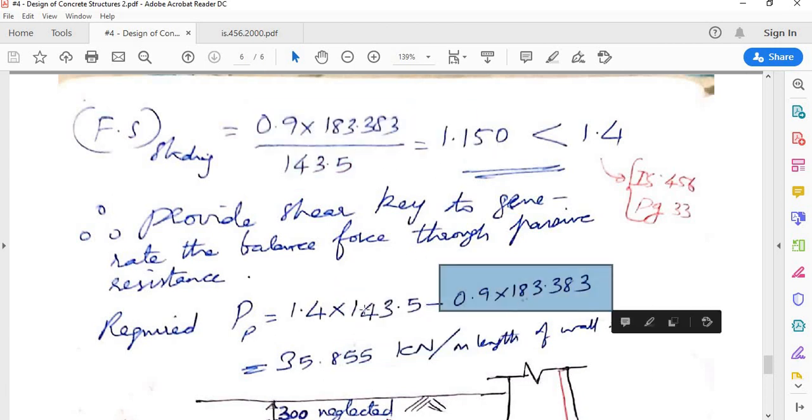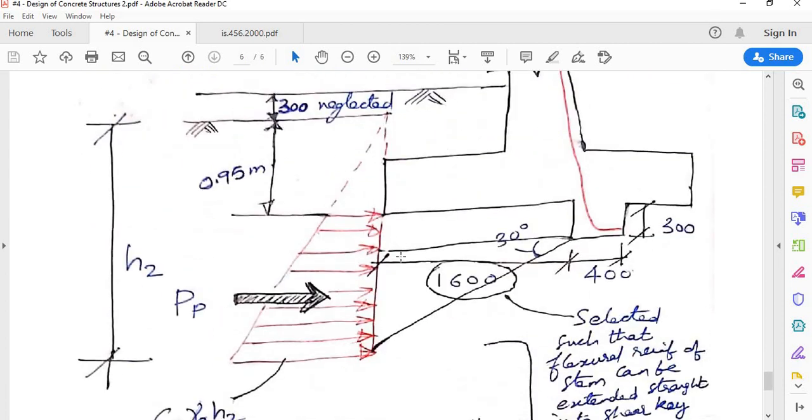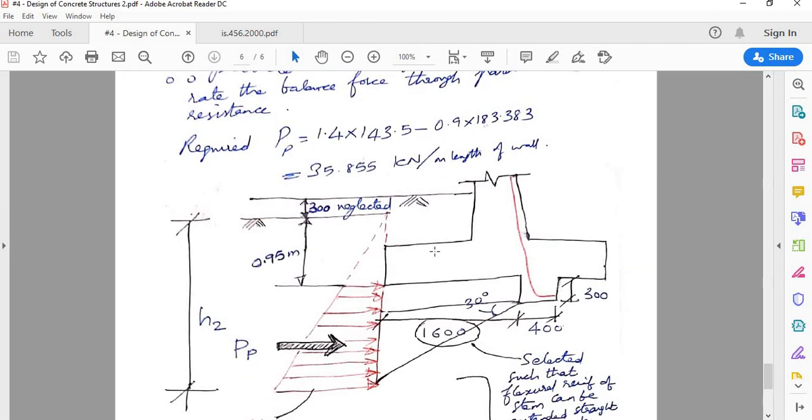That is the balance passive earth pressure which is required to be compensated by the introduction of the shear key. So this is 35.855.